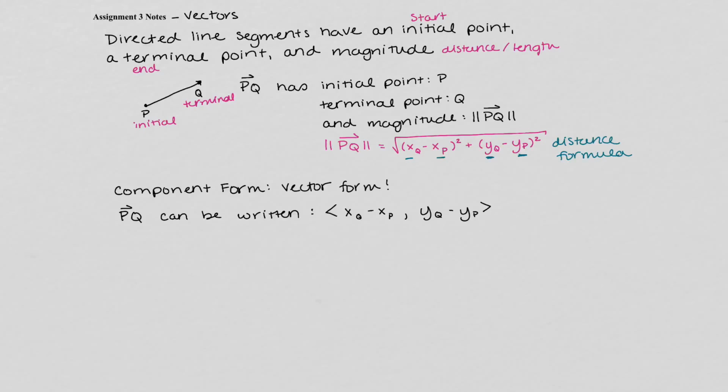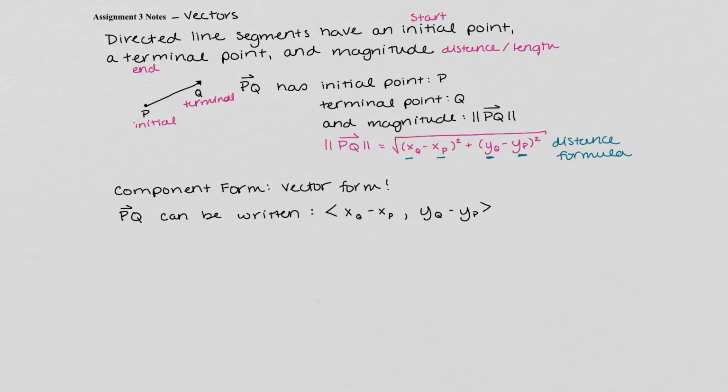Now, we can take a directed line segment and we can write it in component form, which is the form we'll be using to talk about our vectors. And what component form tells you, from the starting point to the ending point, from the initial point to the terminal point, is the distance traveled in x and the distance traveled in y with direction.